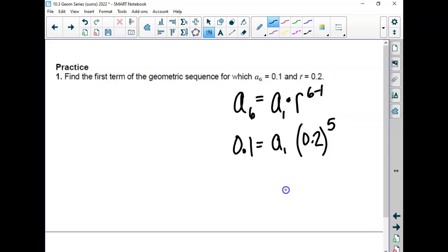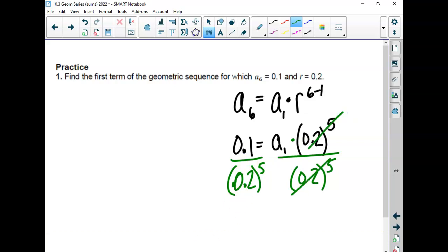What are we going to do to solve that? Yeah, we could just do 0.2 to the 5th power, but what are we going to have to do to get rid of it? Divide. So I'm thinking let's just make this divided by 0.2 to the 5th and do it all at once.